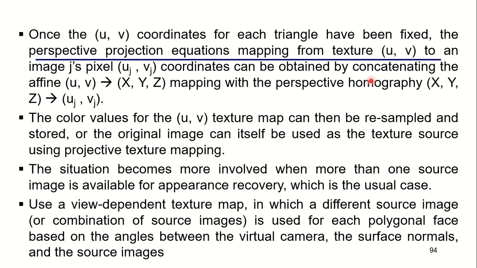This can be obtained by concatenating the affine u, v to xyz mapping with the perspective homography xyz to uj, vj. The color values for the u, v texture map can then be resampled and stored, or the original image can itself be used as the texture source using projective texture mapping.